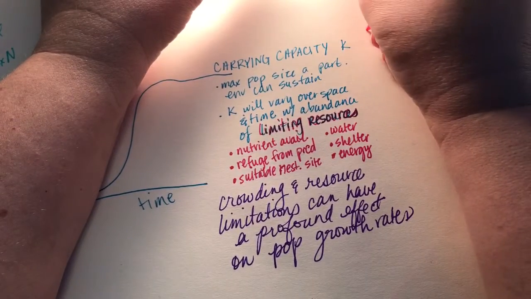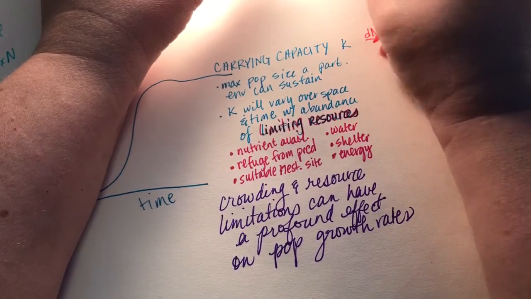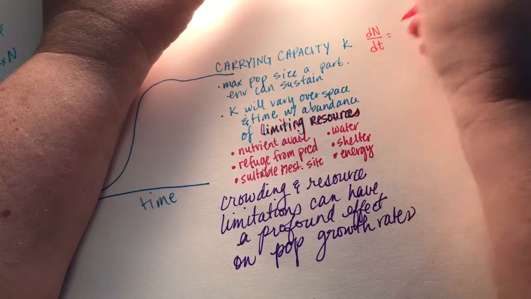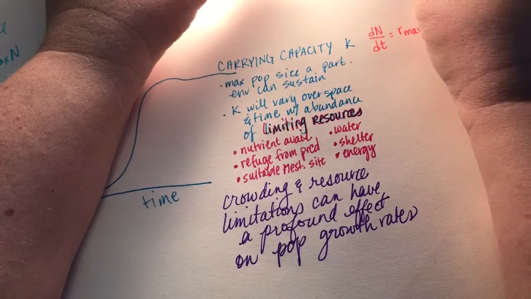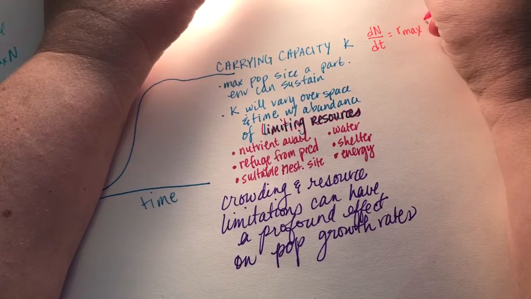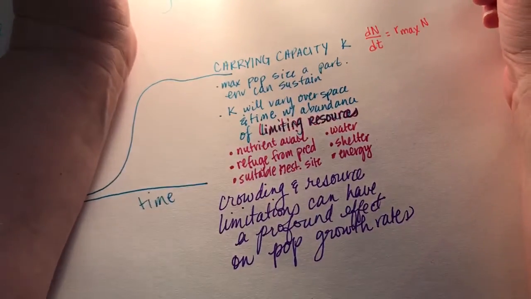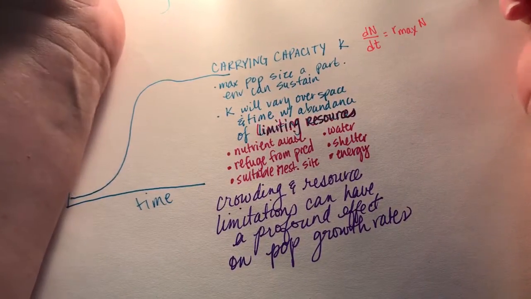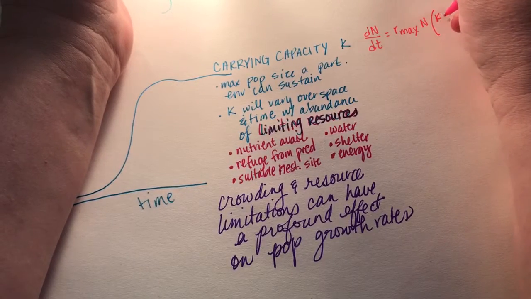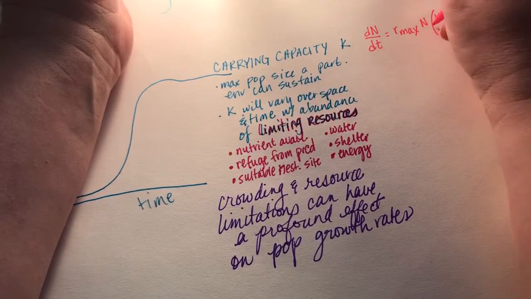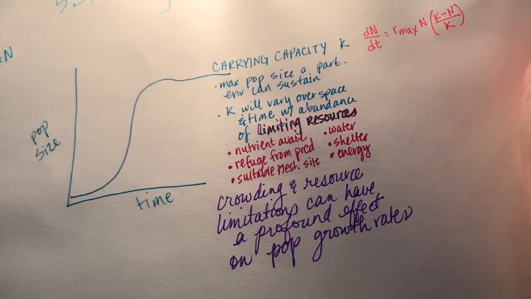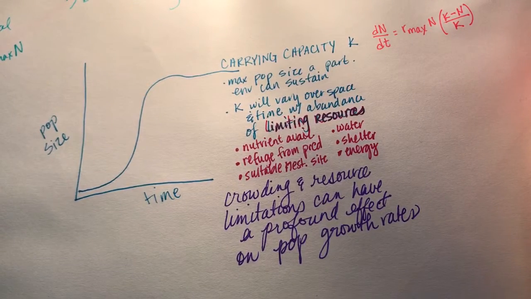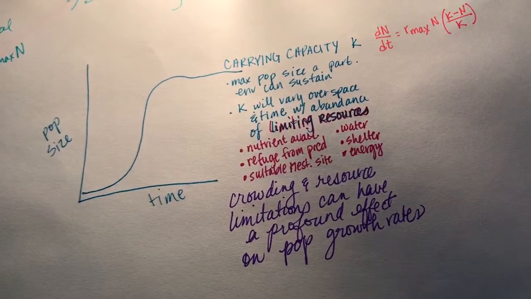So it's still going to be for carrying capacity dN over dt, or the change in population over the change in time, equals R max N. So that's so far exactly like the last equation. So easy. All we're adding is carrying capacity, K minus N over K. Easy peasy, right?